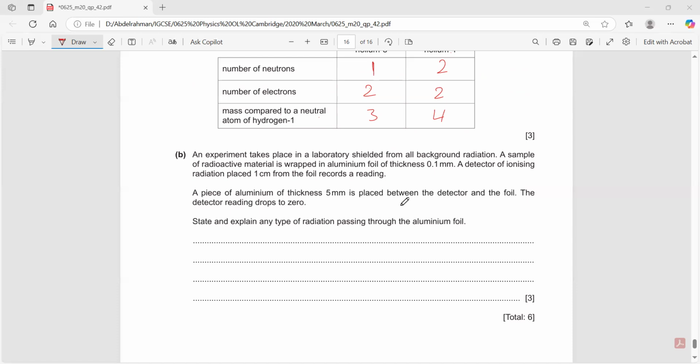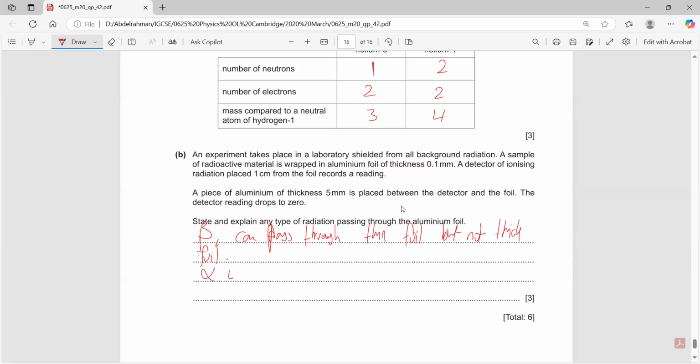Why? Because it can pass through thin foil, but not thick foil, right? Why can't it be alpha or gamma?